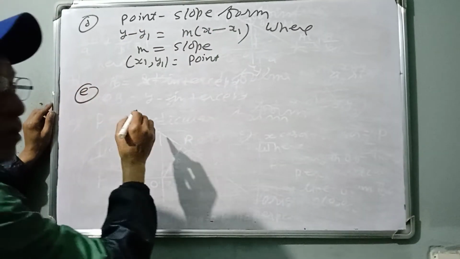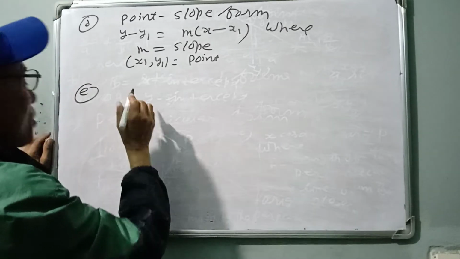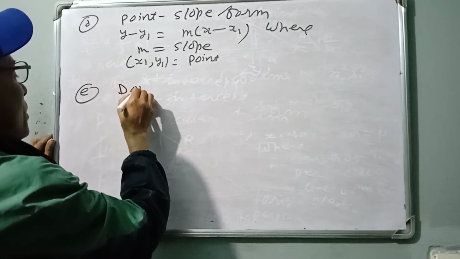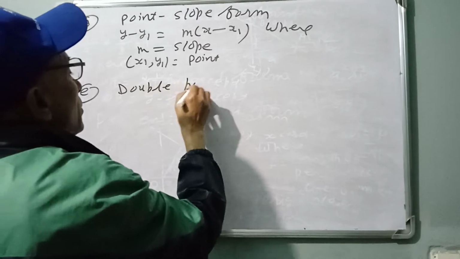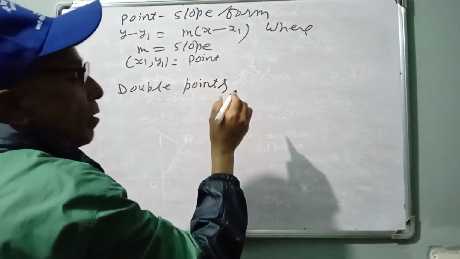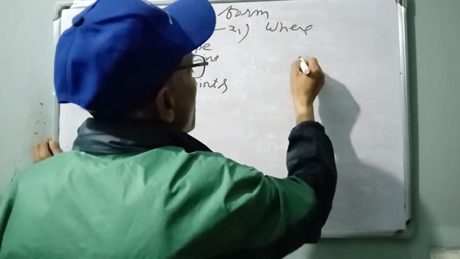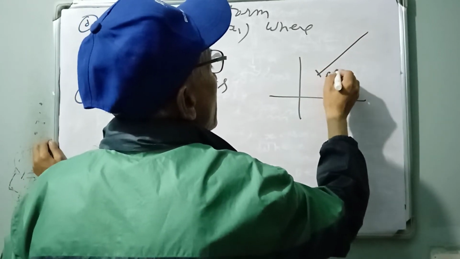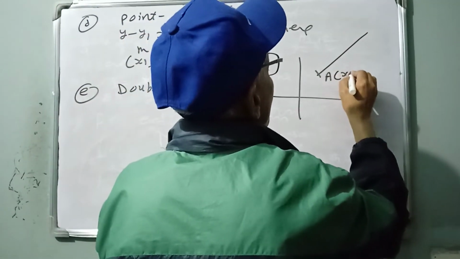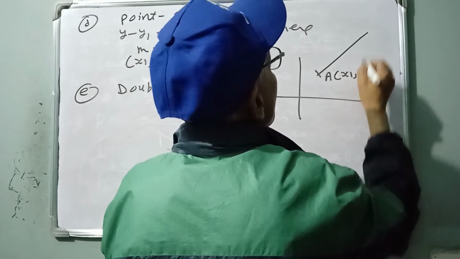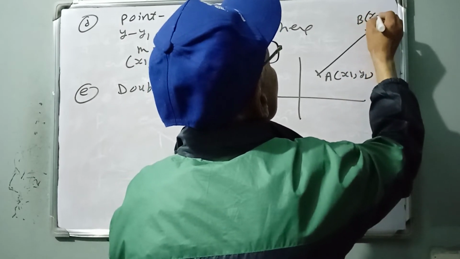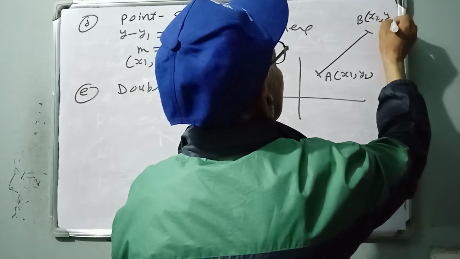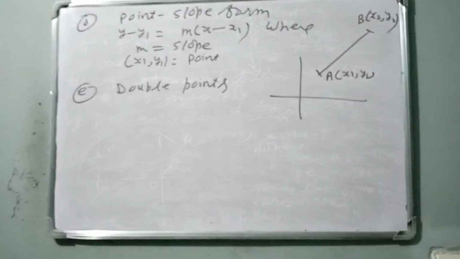D, double point, not double intercept, don't be confused. Double points or 2 points form. Suppose there are any 2 points A(x1, y1) and B(x2, y2). What is the double point form?